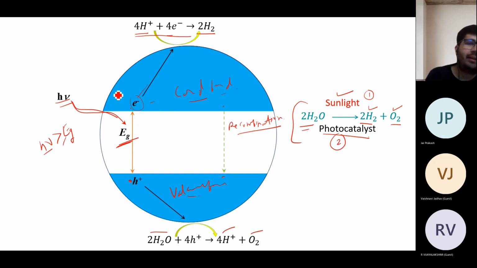If the particle is small, then the electrons and holes go to the surface easily. They don't have to travel far. So it depends on the structure of the material. The smaller the particle size, the easier it is for the electron and hole to go to the surface and take part in the reaction. Otherwise, they have to travel more, and then there will be more chances of recombination.